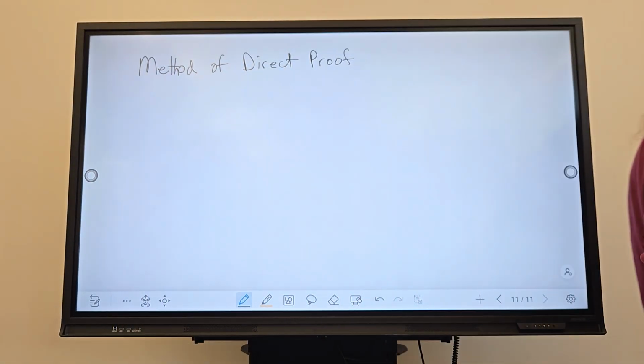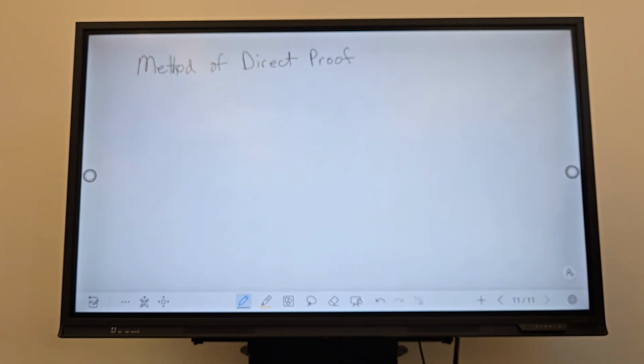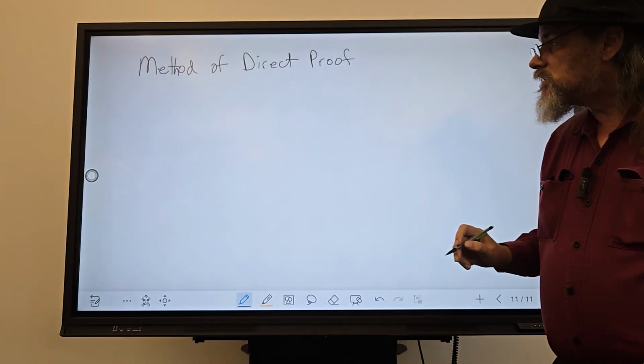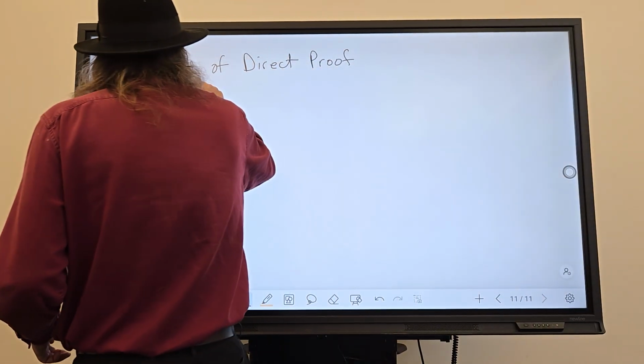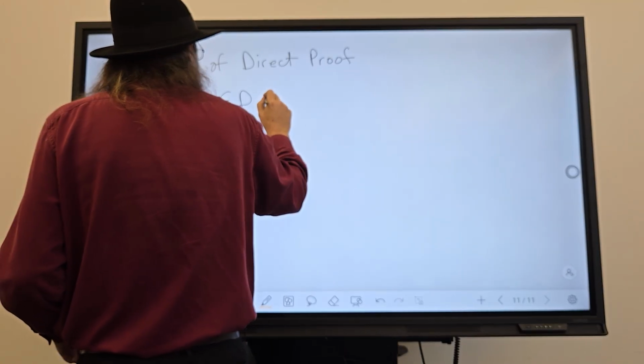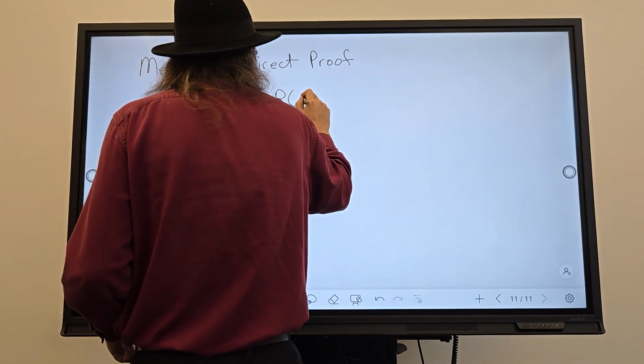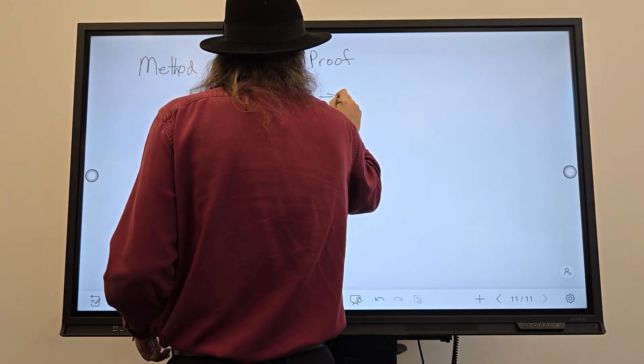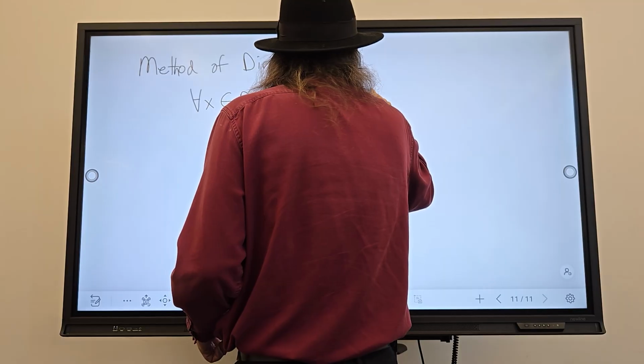All right, step 1. Express the statement to be proved in the form of for all x in D, if P of x, then Q of x.